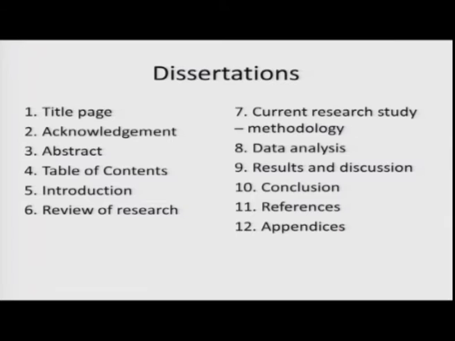Of course, depending on the nature of your field of study and your subject, there may be slight variation in this structure. However, the general structure more or less remains the same. So, let us very quickly look at each of these and then see how we go about a dissertation.